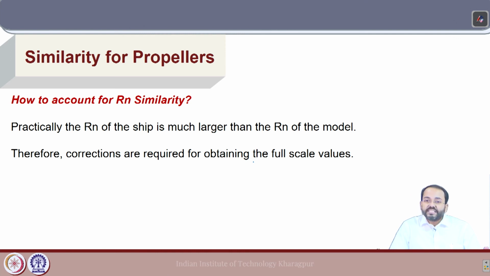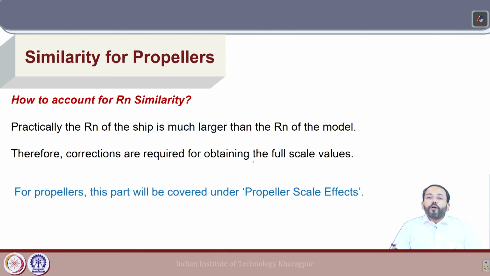is separately scaled. For propellers, this part will be covered under propeller scale effects later in this course, where we will see how we correct the propeller coefficients or apply certain correction methods to get the full scale propeller coefficients from the model scale using some corrections due to viscosity, the standard corrections which are used for propeller thrust and torque coefficients.